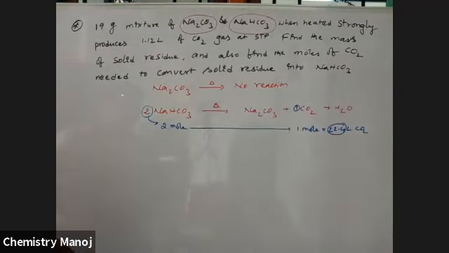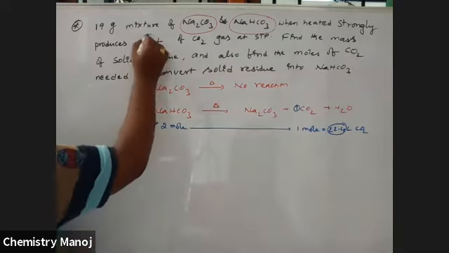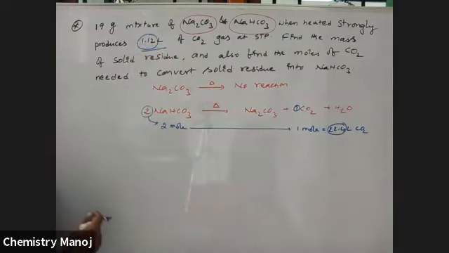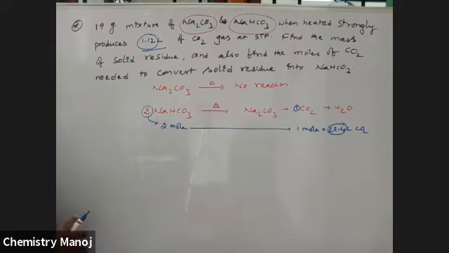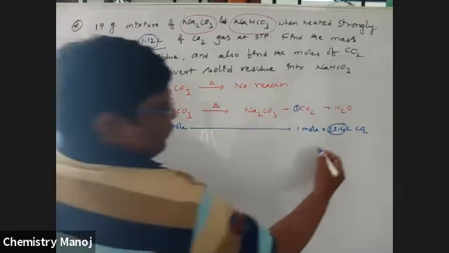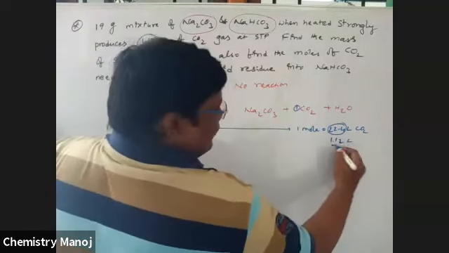Here, 1.12 liters CO2 is formed, and that entire 1.12 liters is only from sodium bicarbonate, not from sodium carbonate.